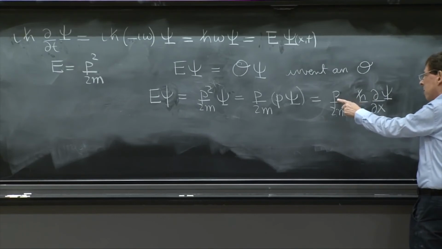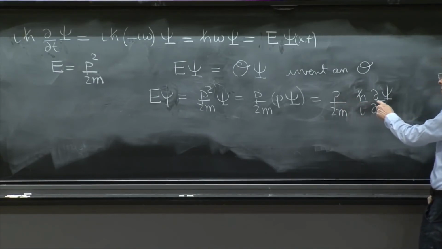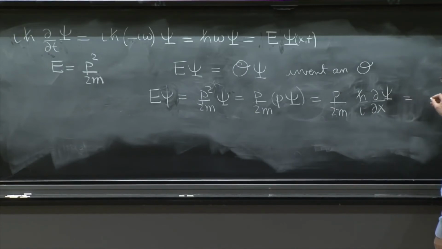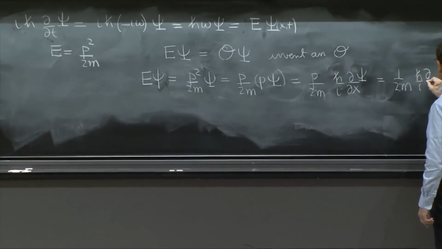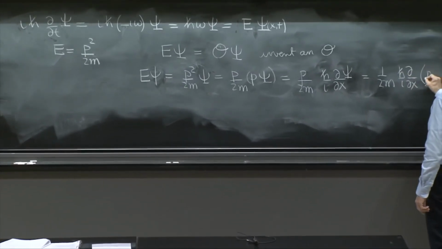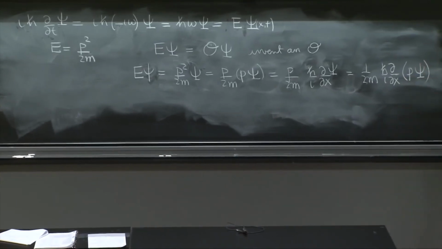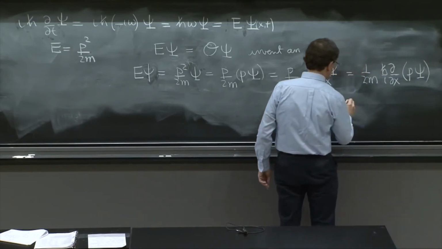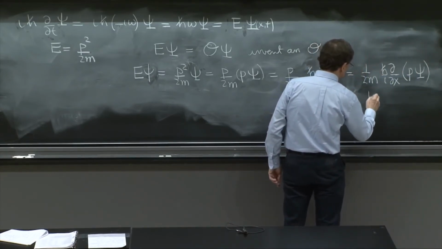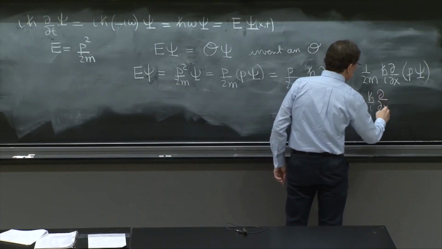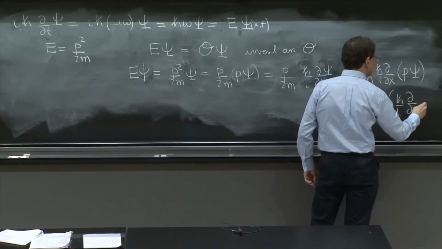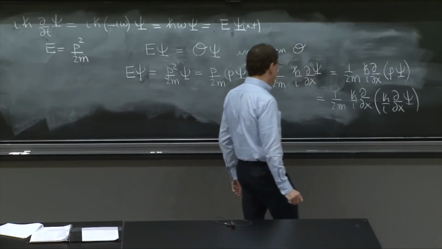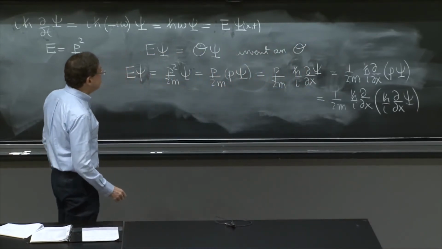Derivatives are not, but p at this moment is a number. So it doesn't care about the derivatives and it goes in. So I'll write it as 1 over 2m h bar over i d/dx, and here I'll put p psi. But now p psi, I can write it as h bar over i d/dx, and p psi is again h bar over i d/dx psi.